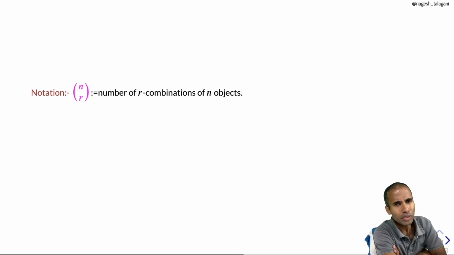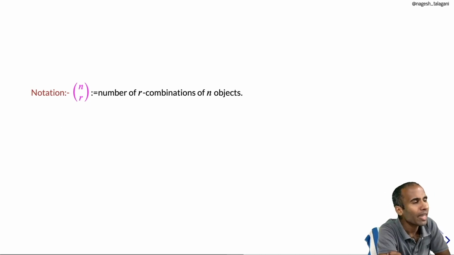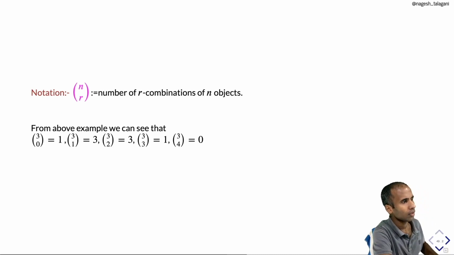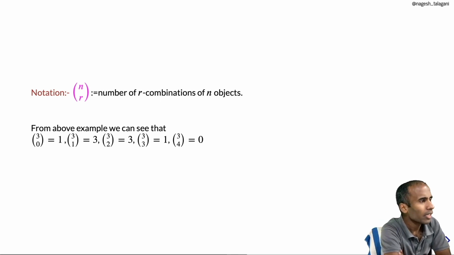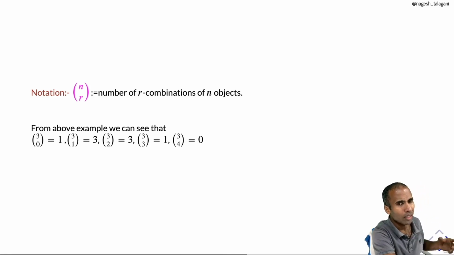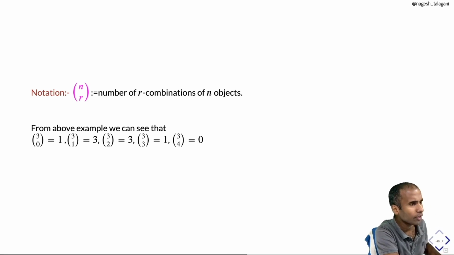Now let me introduce a notation. We read it as n choose r, which represents the number of r-combinations of n objects. From the previous example, 3 choose 0 should be 1 because there is only one 0-combination. 3 choose 1 should be 3 because there were three 1-combinations. 3 choose 2 is 3, 3 choose 3 is 1, and 3 choose 4 is 0.